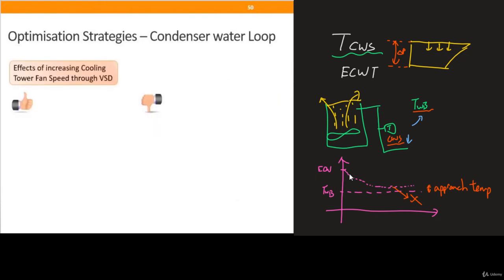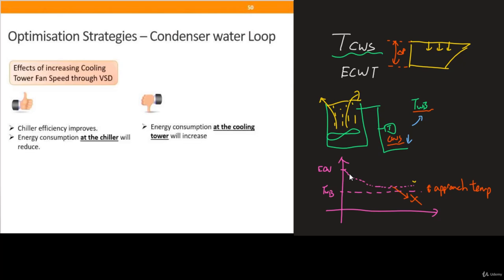So what is the good thing about having very low entering condenser water temperature? Of course, like what we mentioned just now, the chiller efficiency will improve, energy consumption at the chiller will reduce, but of course the bad thing is your cooling tower will have to work very, very hard.